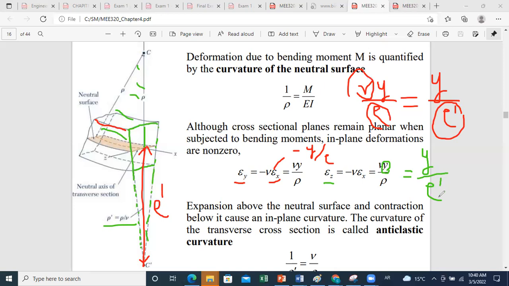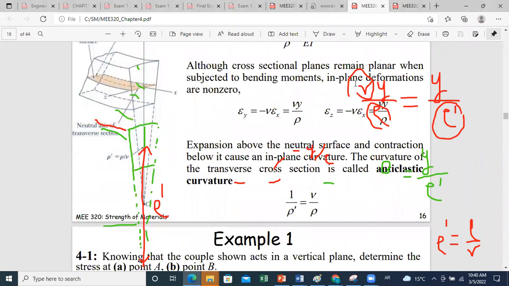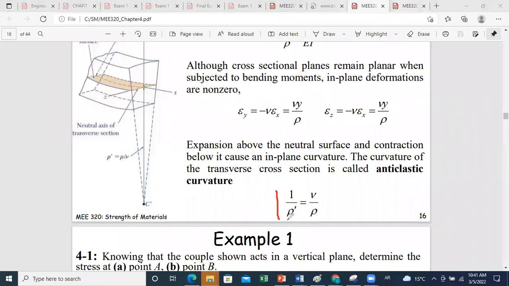Okay, so we can say then that rho prime is equal to rho over mu, or also we can say 1 over rho prime is mu over rho. Okay, so this equation will relate for you the value of the radius of curvature in the transverse section to the radius of curvature in the section of the bend. And we say then this curvature is called anticlastic curvature.